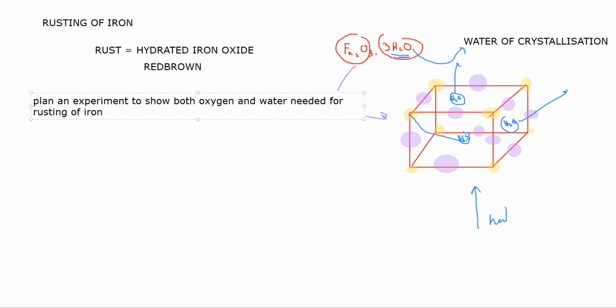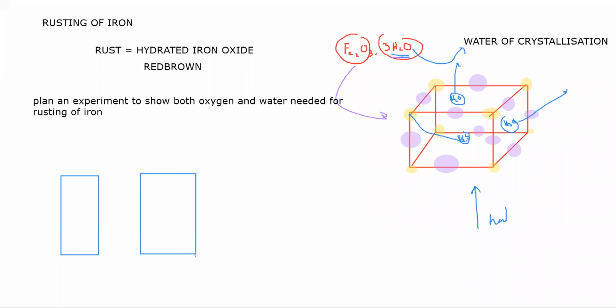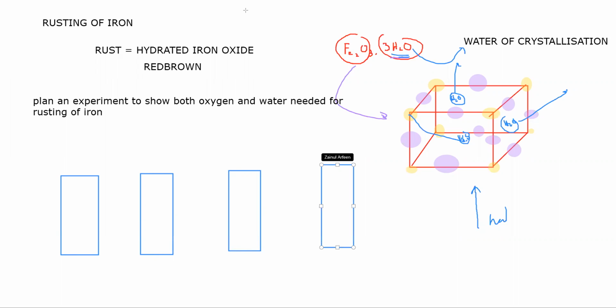So if we have 4 test tubes or 4 beakers or 4 measuring cylinders of equal size, the first is filled with boiled water. The second one is filled with dry air.